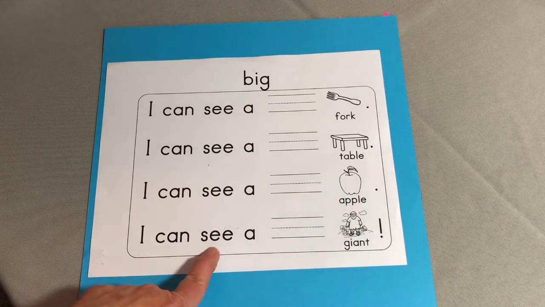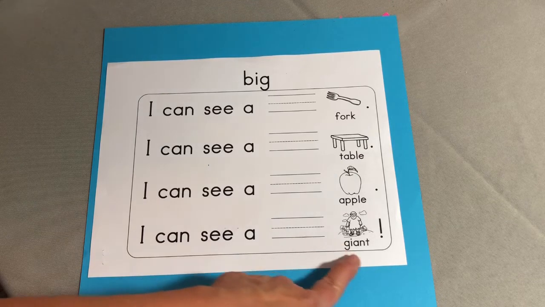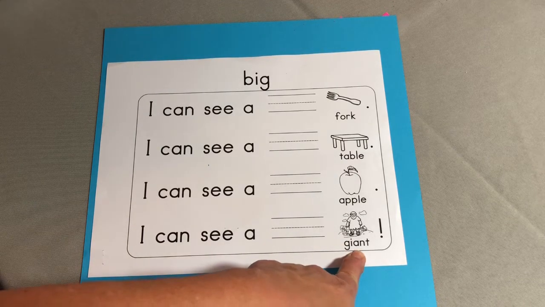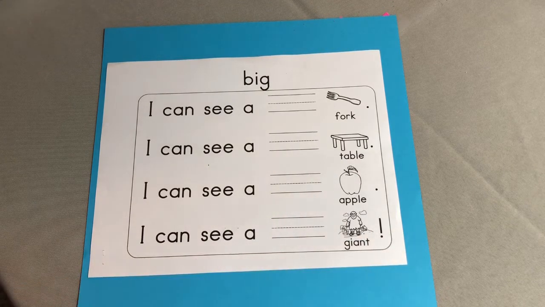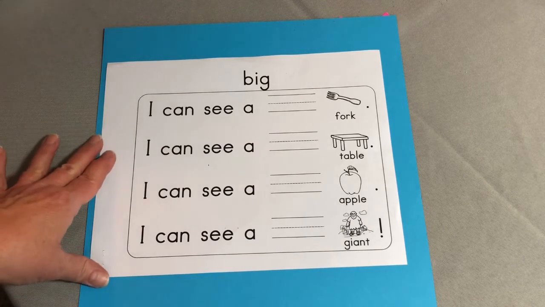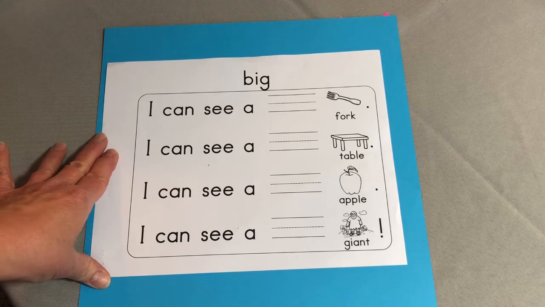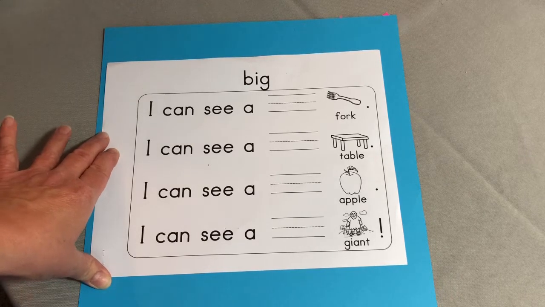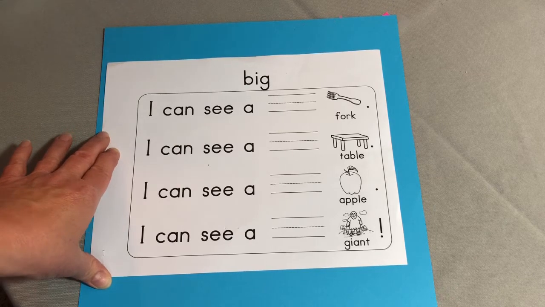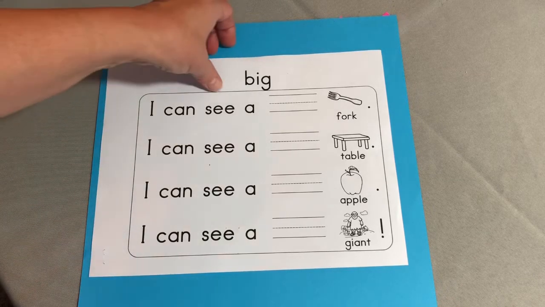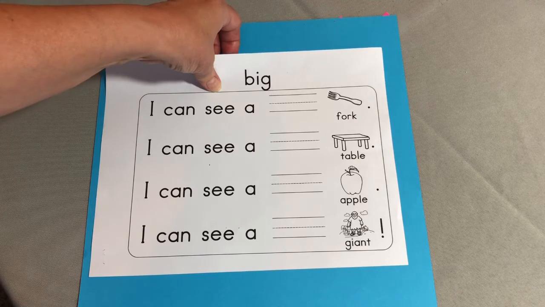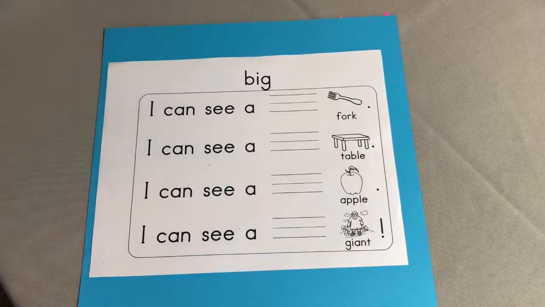I can see a big giant! So if this is super easy for you, and I know it will be, you could turn the paper over and do your own sentence with the word big. I can see a big, and then look around you or look out your window and write a sentence about what you can see. I can see a big something.